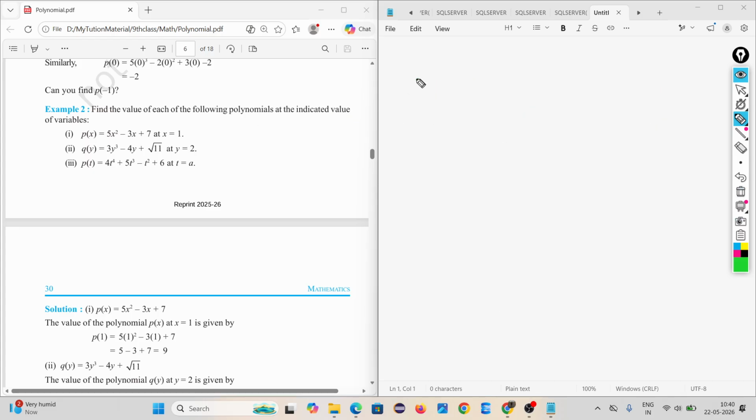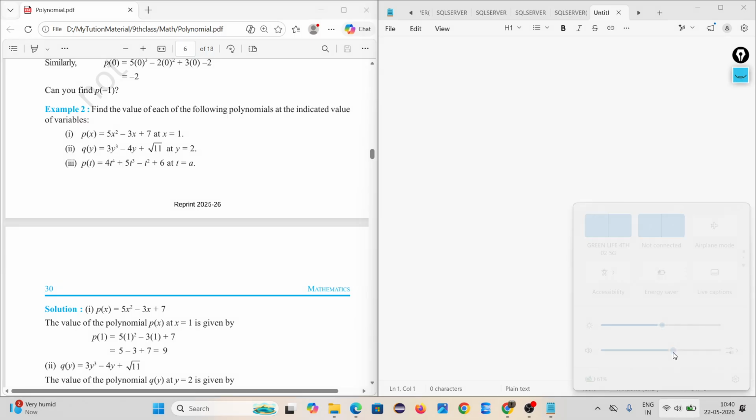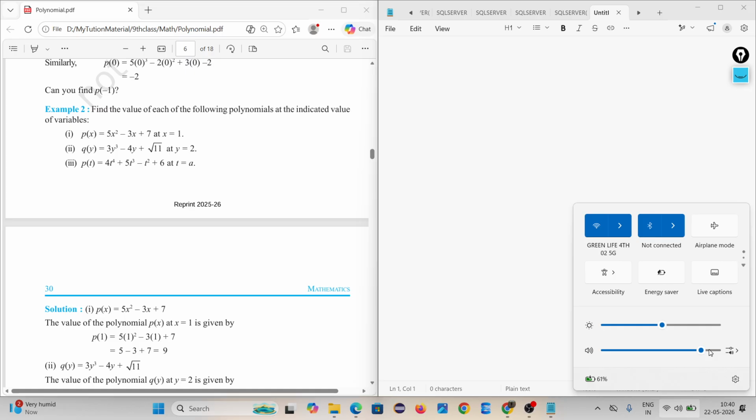Let's look at the second question. There is a polynomial of y variable, that is 3y cube. Speak a little louder. 3y cube minus, sir, still I can't hear. Just a minute, wait. Now my voice is clear.